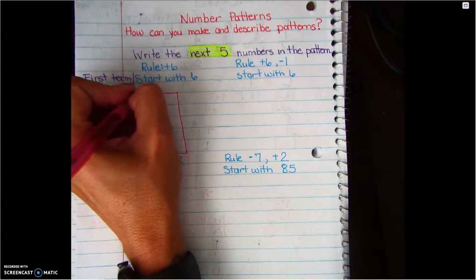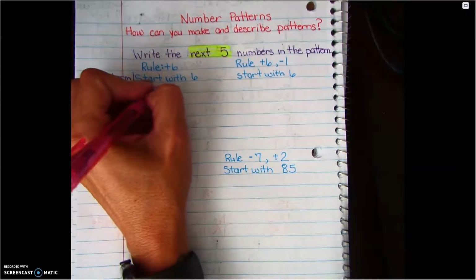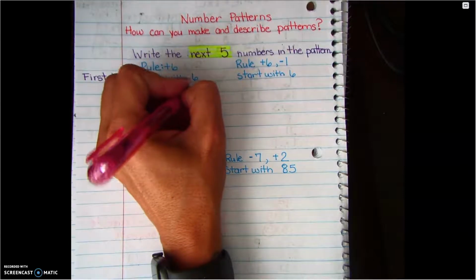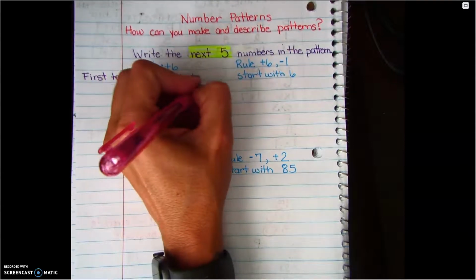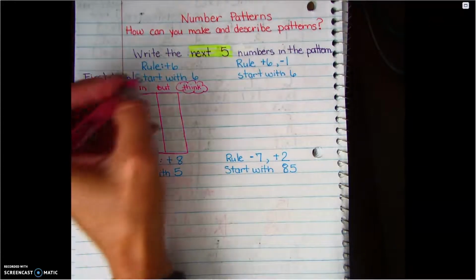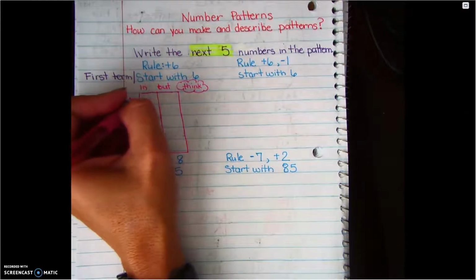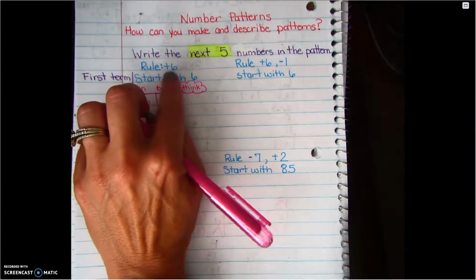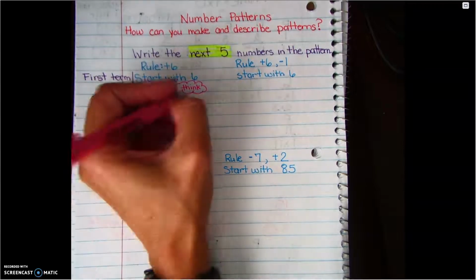So it's in, out, and then over here is going to be our think. Over here is our think. All right? So term number 1 is 6, right? So in comes 6. My rule is plus 6.